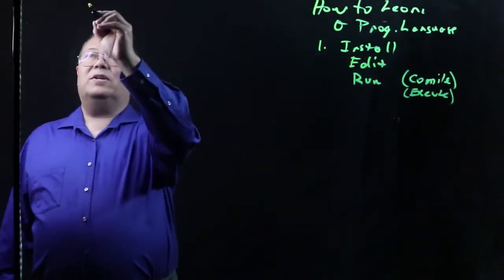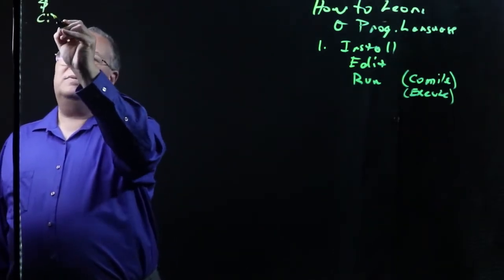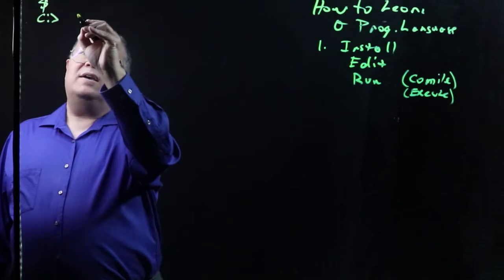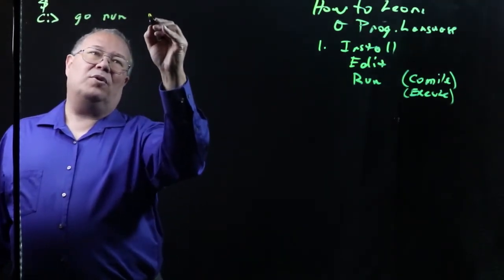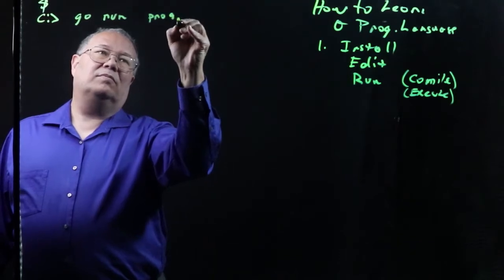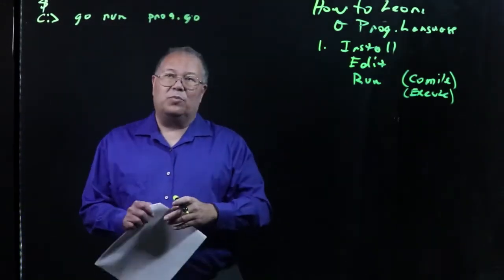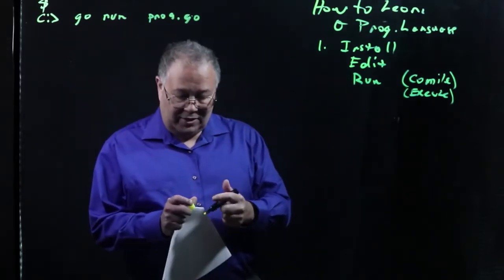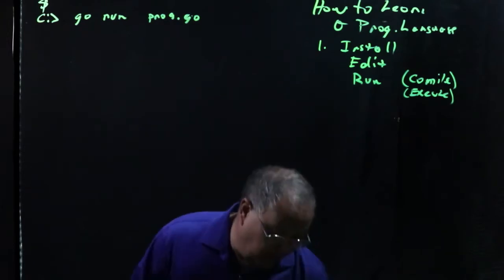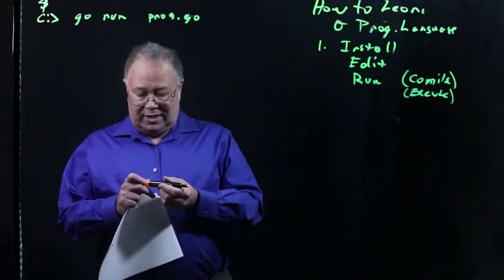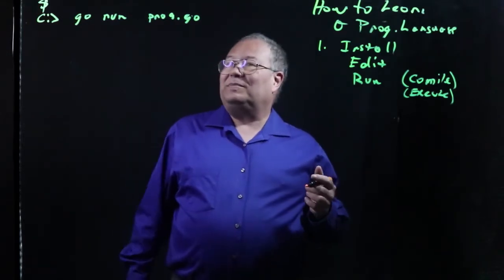You can just say, at your prompt, go run and some program. And if you do go run on a program, it compiles it, stashes the executable off for you someplace, runs it, and every time you do it, it just recompiles it for you.